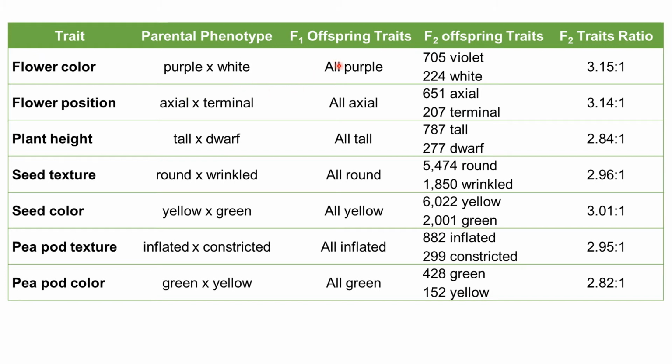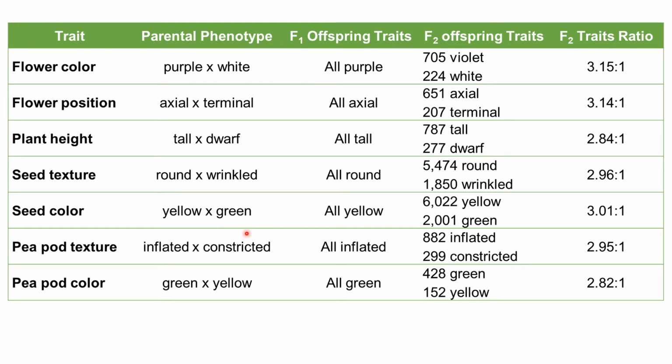And then, yung F1 generation, yung nakita niya, all purple. So, meaning, itong purple color na to, this is the dominant trait, while yung white color is yung recessive trait. And then, itong all purple na to, pinag-cross niya sa isa't isa ulit. Then, yung second generation na, may lumabas na na white, which is yun na yung recessive. Same with yung seed color, yellow and green.